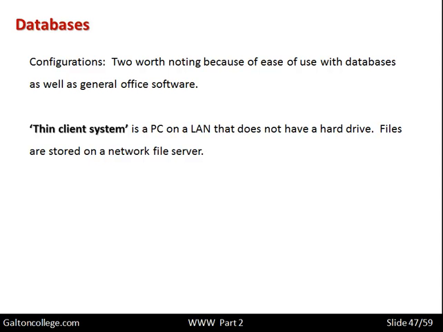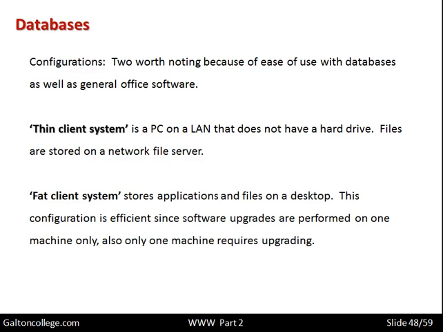Files are stored on the network server. There's nothing stored on the system that's been used. It's just a dumb terminal. It's a thin client system. So it's just access. It's a monitor perhaps and a keyboard and perhaps a box to give it access to the server. But itself, it doesn't have any information stored on it.